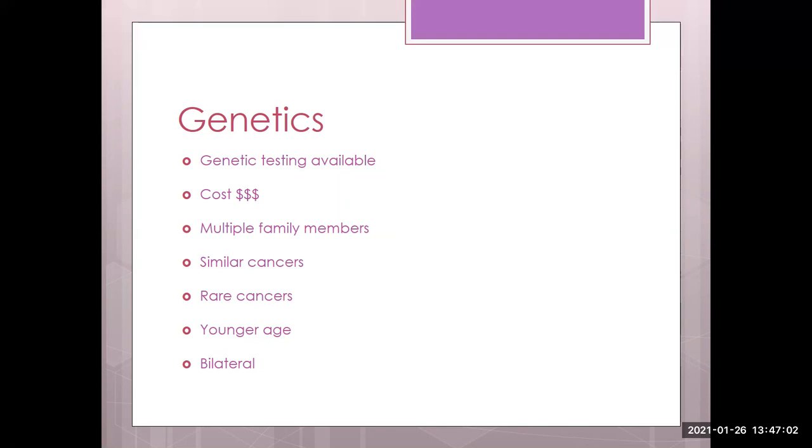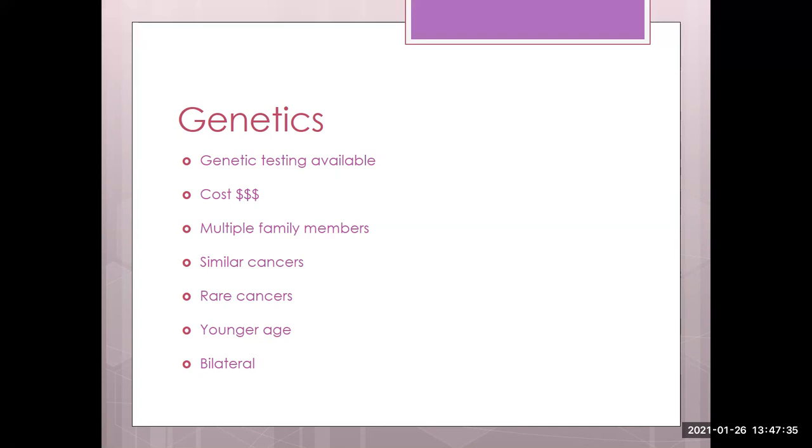For example, some of the breast cancers, colon cancers, ovarian cancers, like when they do screening and they ask questions, if there's a family history of one of those, then they typically will ask about other risk factors related to them all because they all seem to be linked together. Patients that have a family history of rare cancers, something that's relatively rare, is more likely to have a genetic link to it.